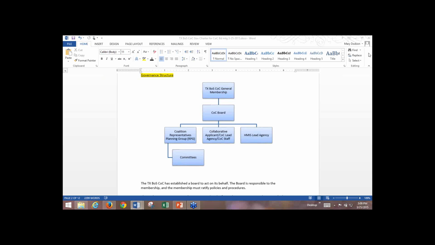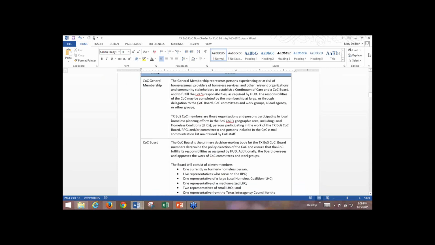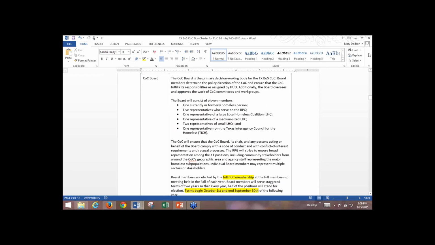Now, obviously, we are the COC lead, and we will be involved with facilitating the meetings and conducting the duties of operating the COC and facilitating planning, but we are not going to occupy a seat on the board and participate as a voting member under this proposed governance structure. So I think that's important to point out.